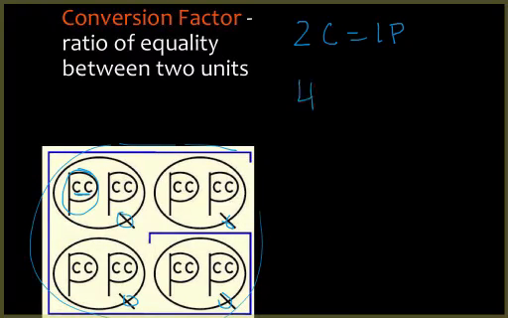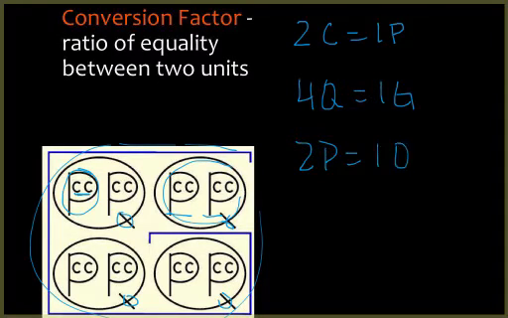So I could say 4 Qs equals 1 gallon. I could also say there are 2 pints in 1 quart. So again, these are just things that are equal to each other. Or I could say there are 1, 2, 3, 4 cups in 1 Q or 1 quart. So conversion factors again are just 2 things that are equal to each other.